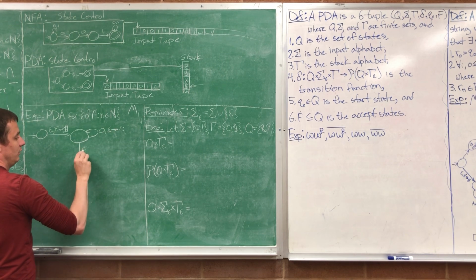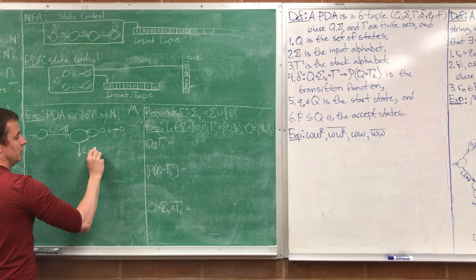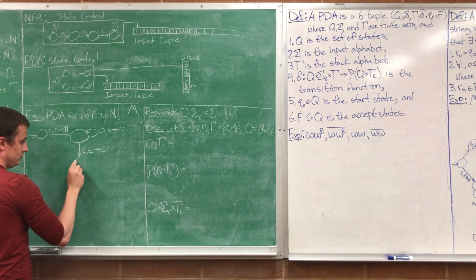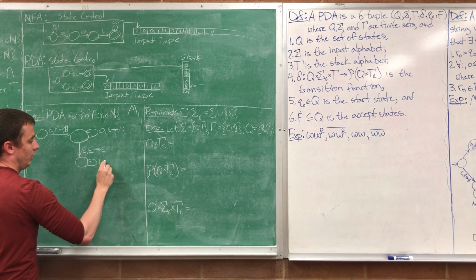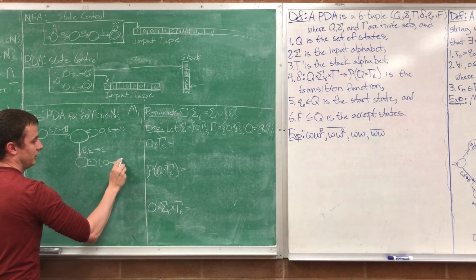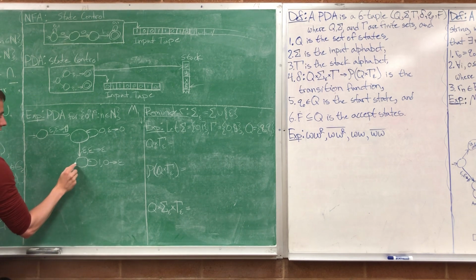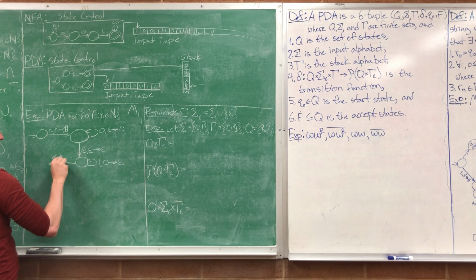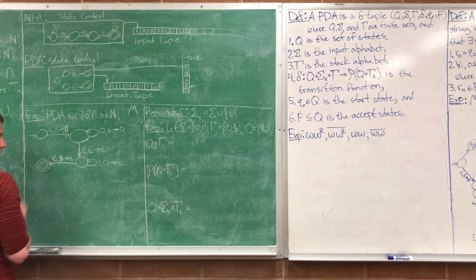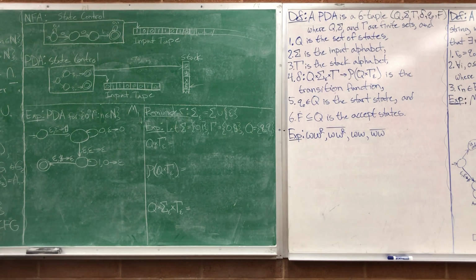Then we went down here, doing nothing. Here, every time we read a 1, we popped a 0 off the stack, putting nothing new on the stack. Then we came over here only if we could pop the $ sign off the stack, and this was our accept state.